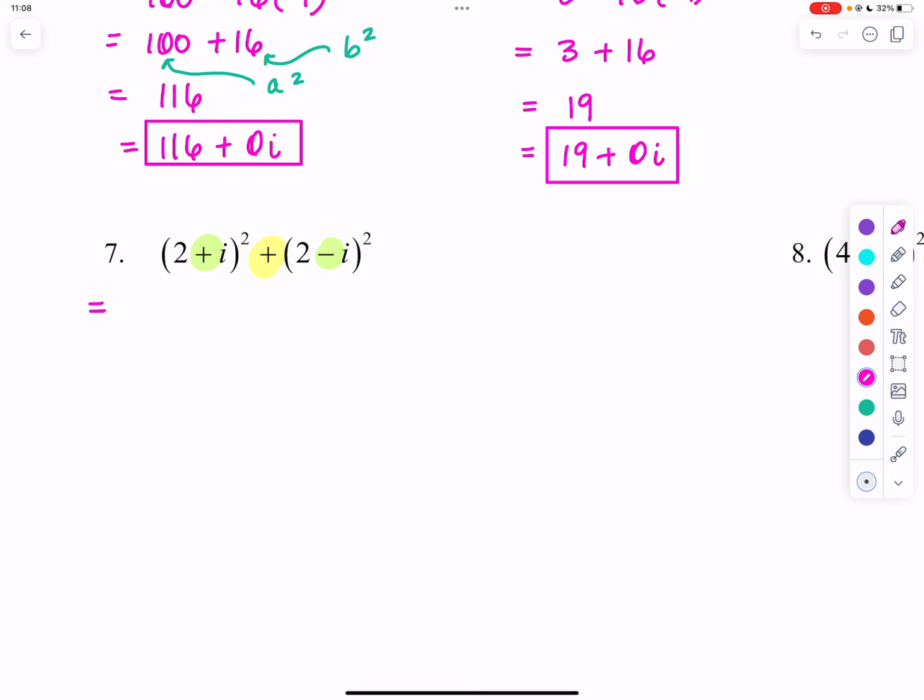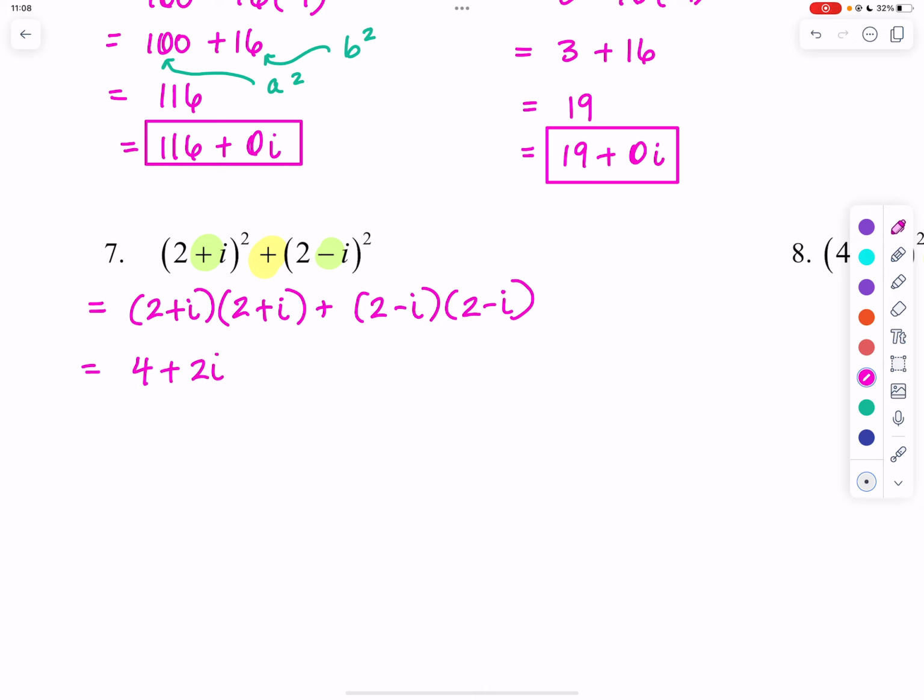Here we have 2 plus i multiplied by 2 plus i plus 2 minus i multiplied by 2 minus i. Foiling this, we would have first, outer, inner, last, and again first, outer, inner, last.